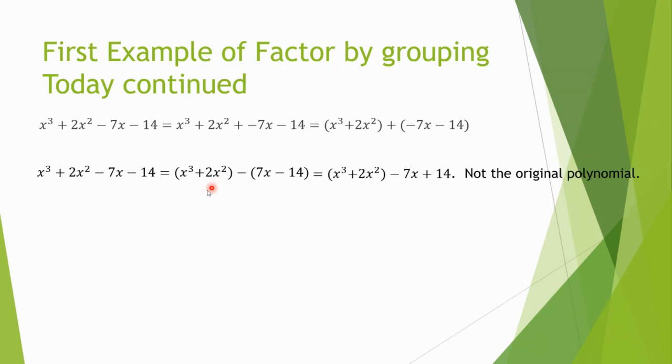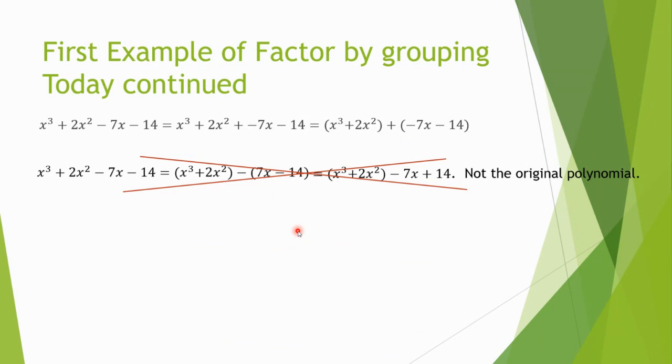What you're actually going to get is this thing, which is not the same. So that's why I like to have addition here, mostly because it helps prevent me from making this mistake. You do have to be careful. That's why I put the red lines here.